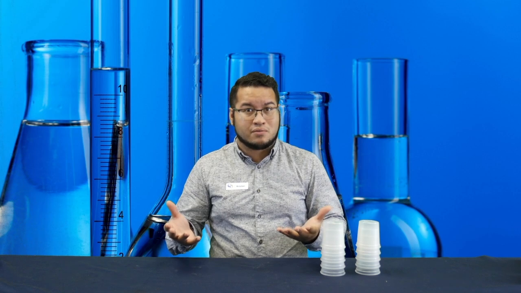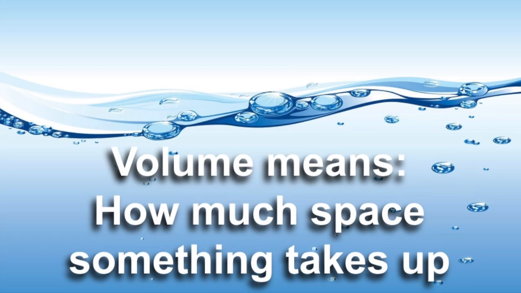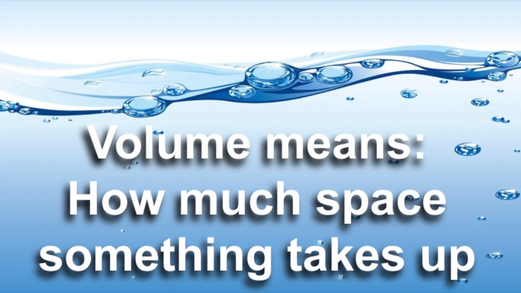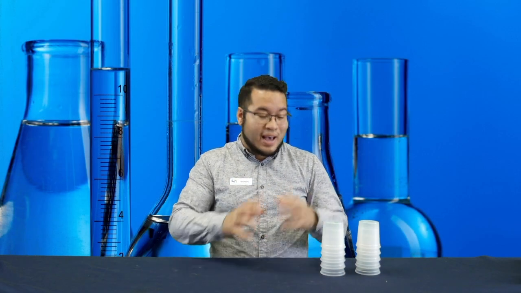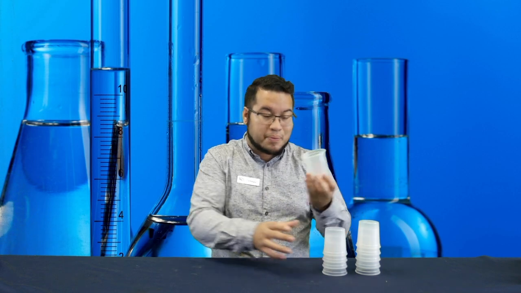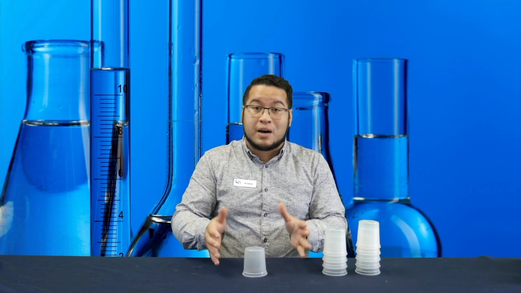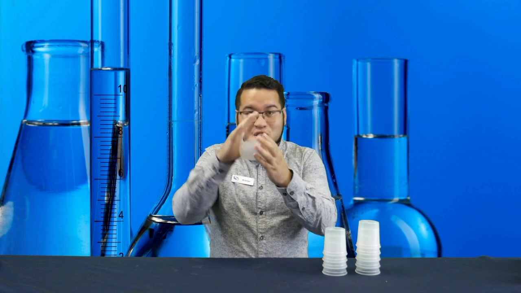Now, along with having a definite shape, our solids are also going to have what's called a definite volume. That might be a word we may have never heard before. Does anyone know what volume means? Yeah, so volume is going to be how much space a piece of matter is going to occupy. So if we look at our cup, this cup is occupying about this much space, right?